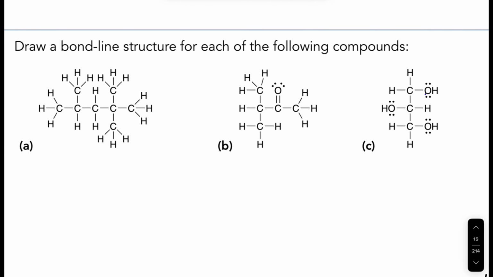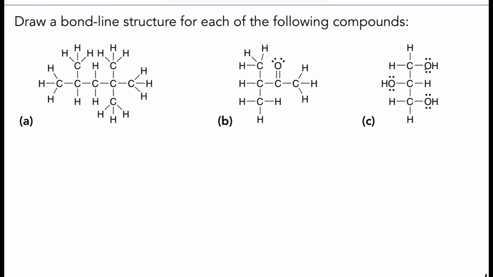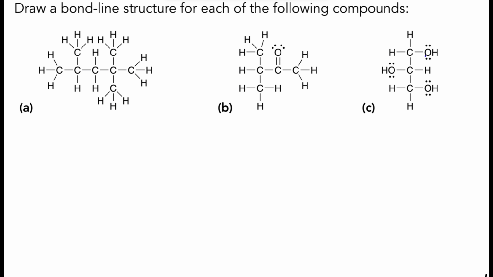For example, let us convert this complete structural formula into bond line notation. In this we have 1, 2, 3, 4, 5 carbon atoms. At the second place you can see there is a branch, a branch with one carbon atom.